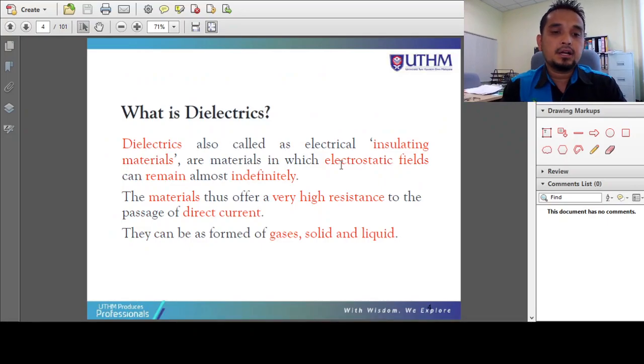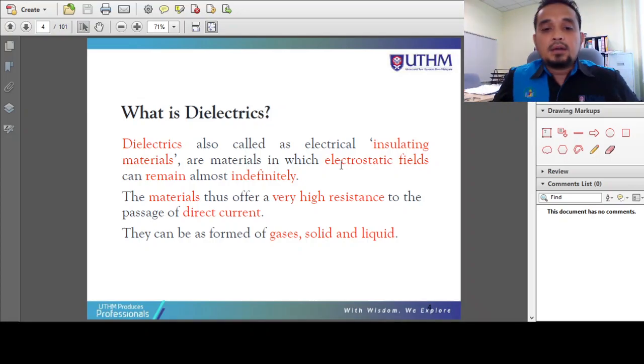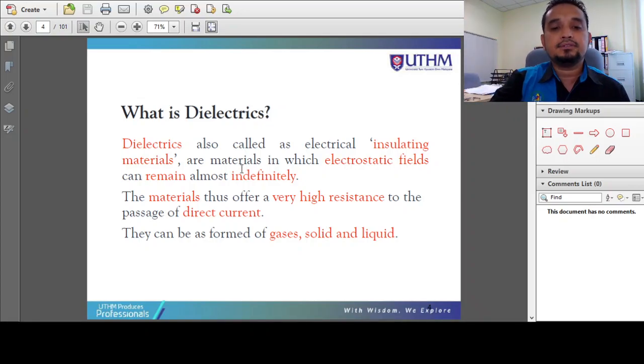What is dielectric exactly? I will not read the definition stated here. I will just simplify and clarify what is meant by dielectric. In simplest words, dielectric refers to insulation materials.